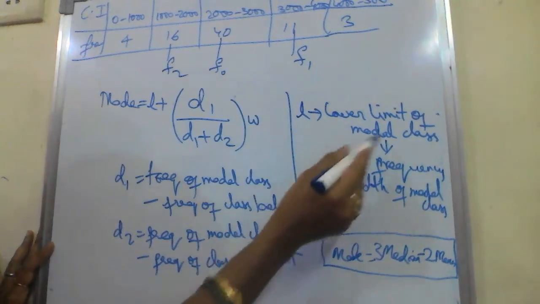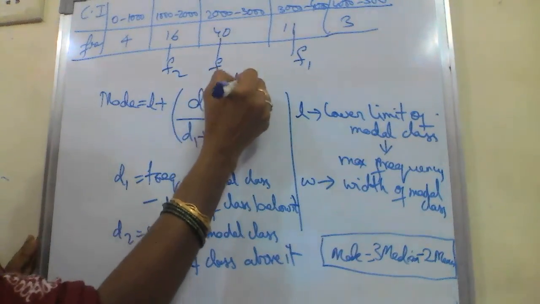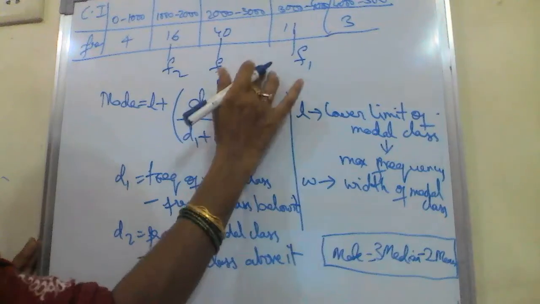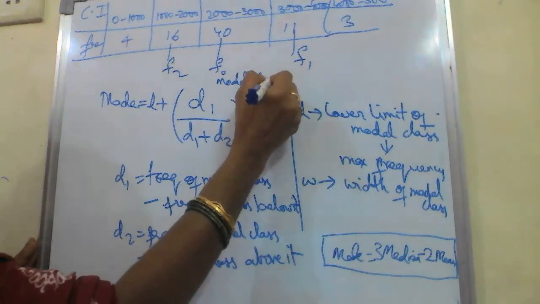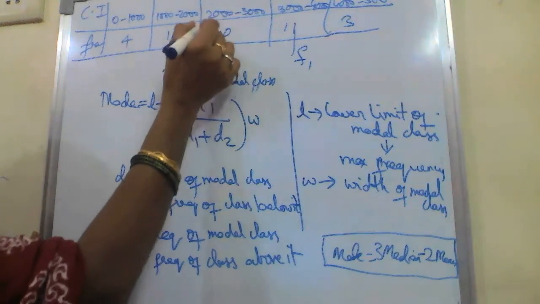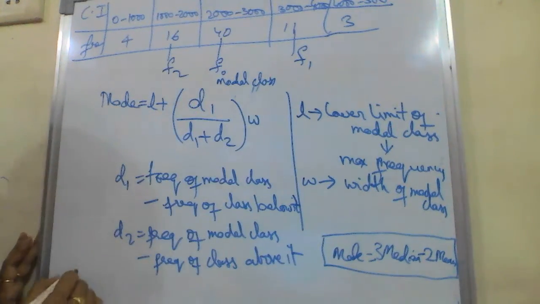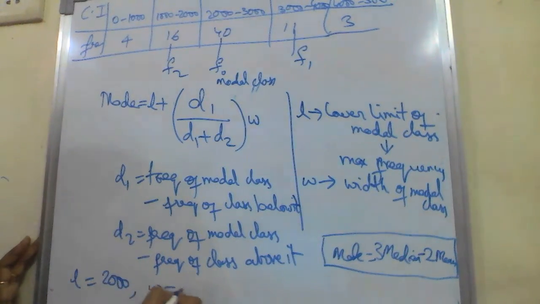L is the lower limit of the modal class. This is the modal class with the highest frequency, and this is the frequency of the modal class. The lower limit of this modal class is 2000, so L is 2000. Then W, the width, is the difference between both the values, that is 1000.